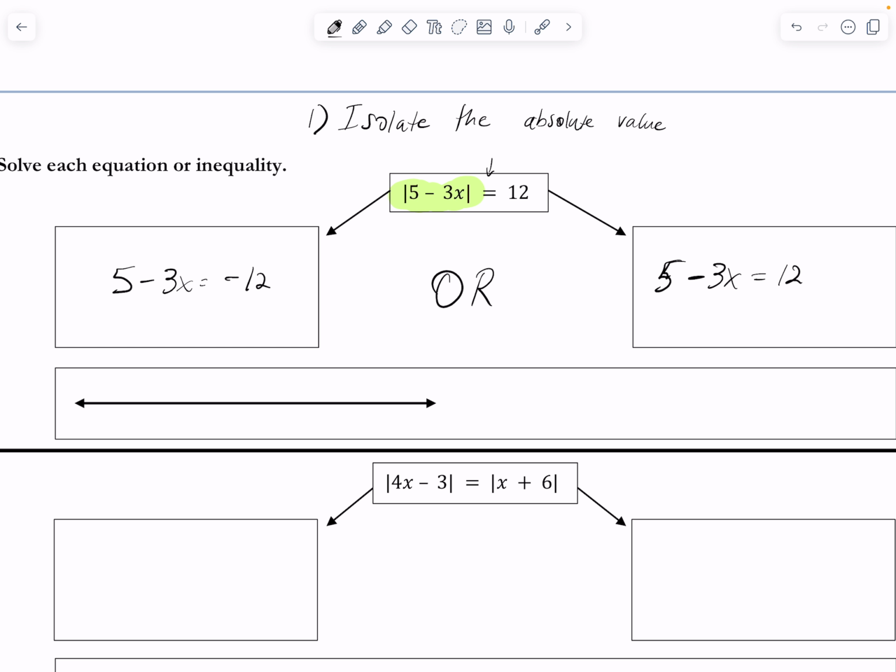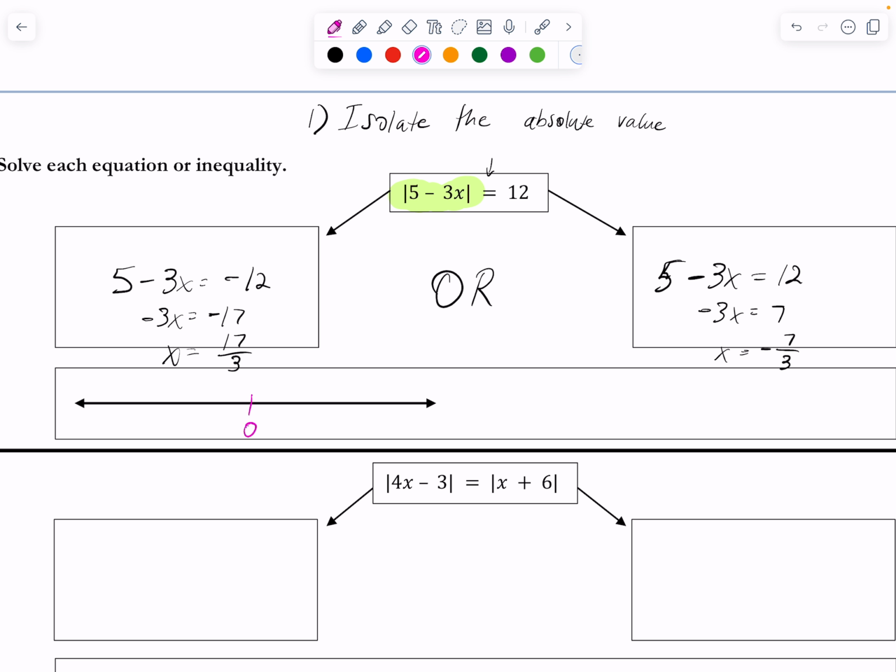The work is going to feel very similar. We're going to move that 5 over with subtraction, get negative 17, so x equals 17 thirds. And over here, same thing, you move that 5 over with subtraction, but you get x equals negative 7 thirds.